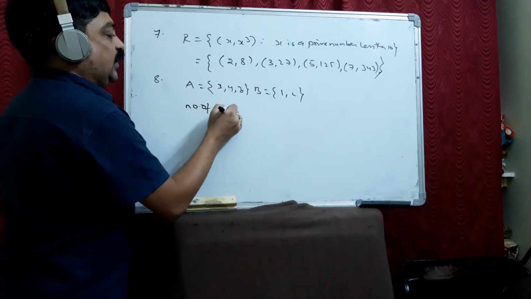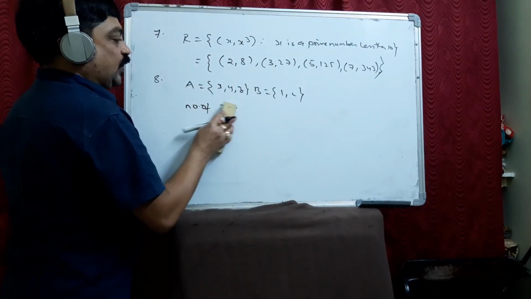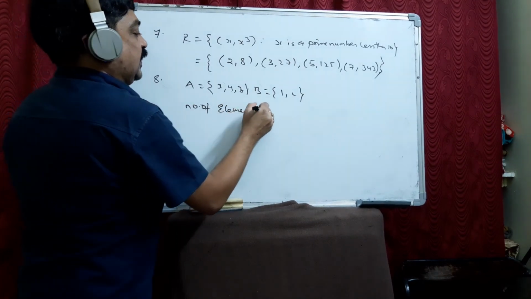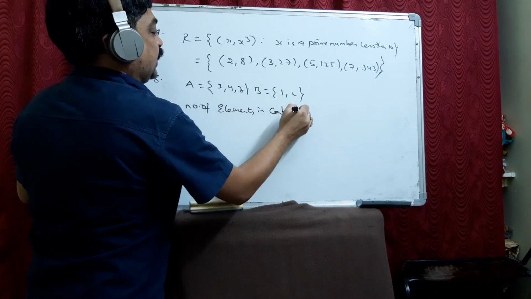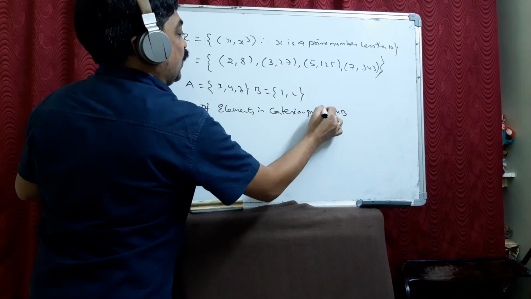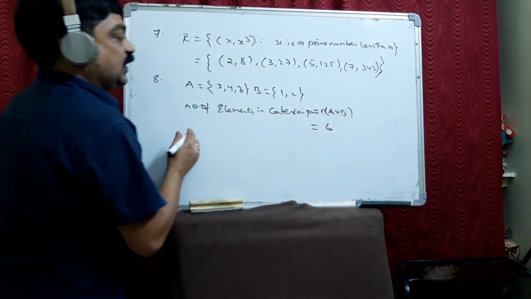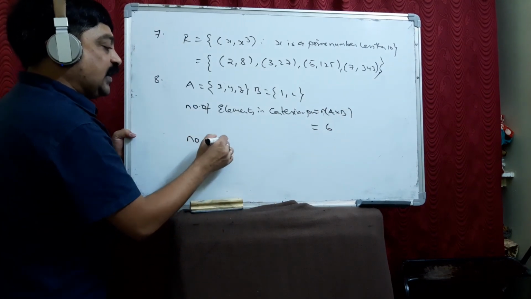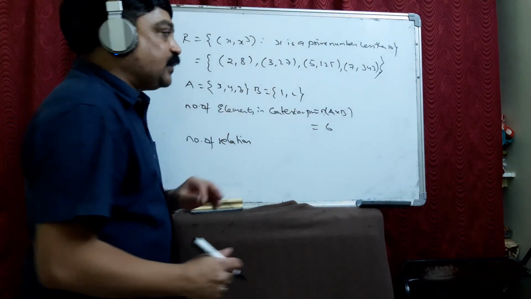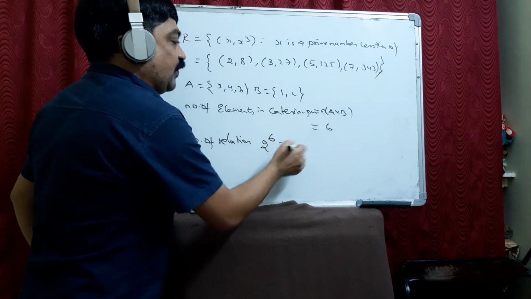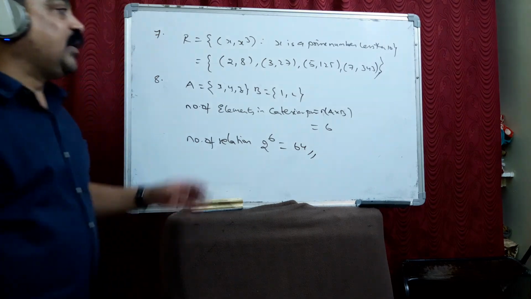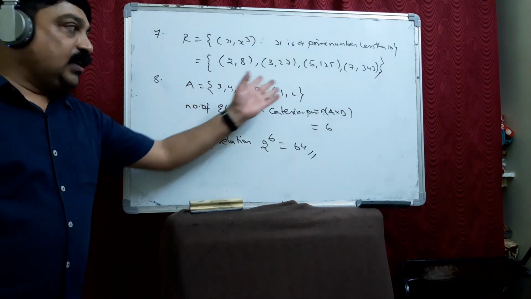First of all, the number of elements in the Cartesian product A cross B, n(A cross B), will be 6. So number of relations means, what is the definition of a relation actually? A relation is a subset of the Cartesian product, no? So how many subsets can we make? You can make 2 power 6, that means 64 relations that we can make from set A to set B.